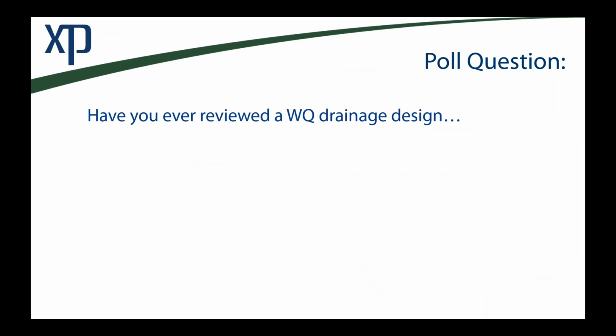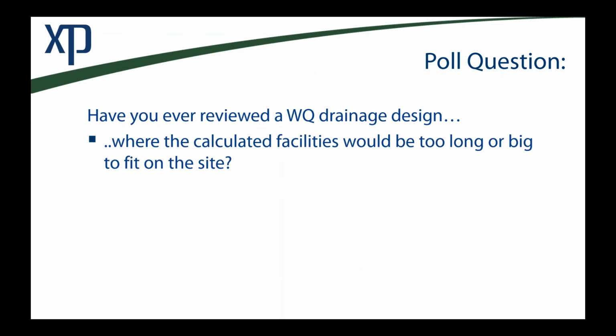So I want to ask everyone a question. There's going to be a poll. I want to get everyone's answer on this. So here's a longer question. Now that we know what that design process is, that probably almost everyone in the country follows, have you ever seen or reviewed a drainage plan where the required or calculated facilities are too big for the site?